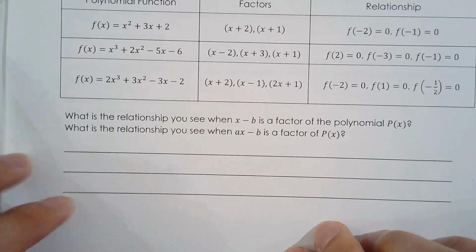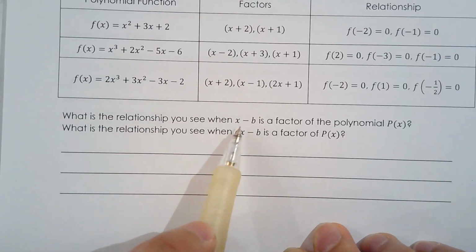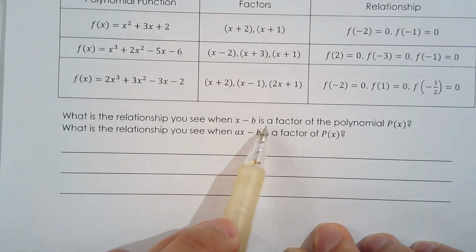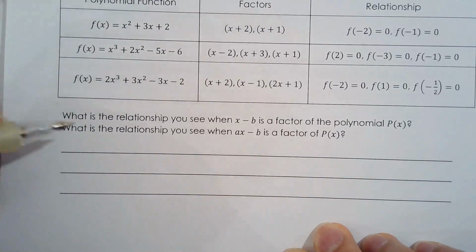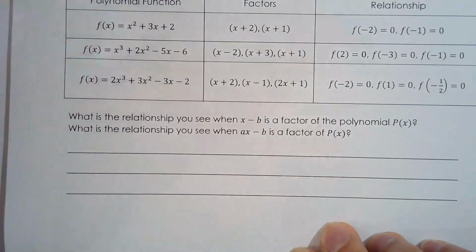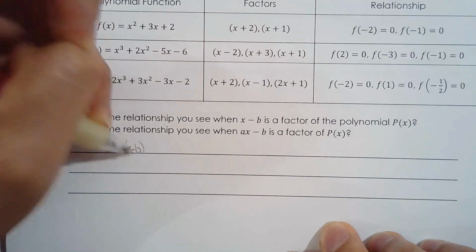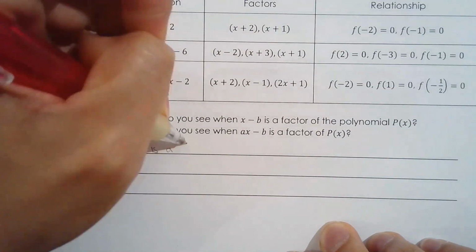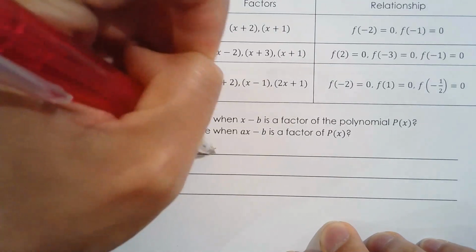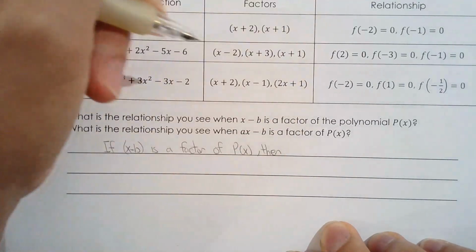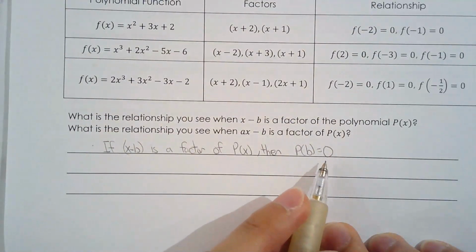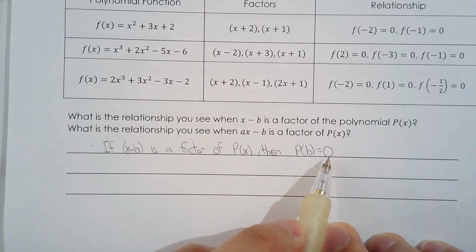So what do you see? What relationship do you see when x minus b is a factor of p of x? It's on the next page, but I'll write it again. If x minus b is a factor of p of x, then p of b equals 0. You need it to be 0 because you need the remainder to be 0.